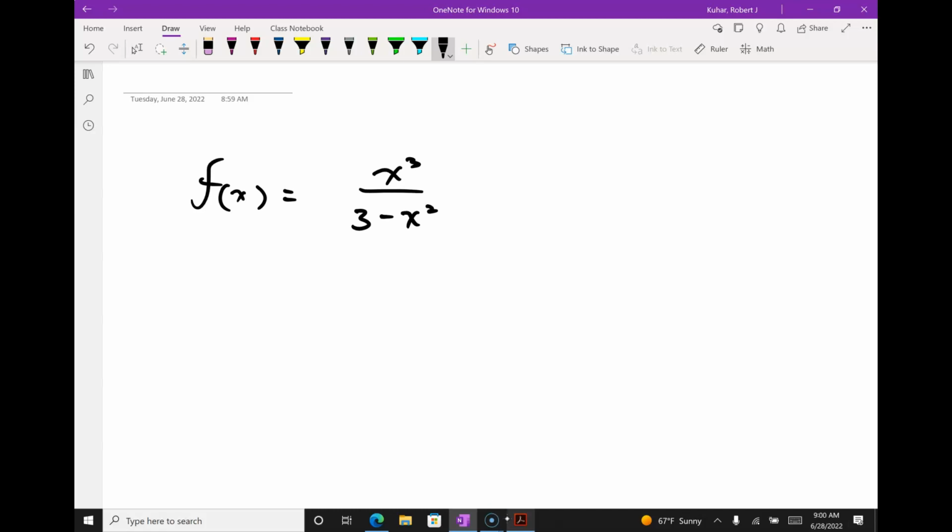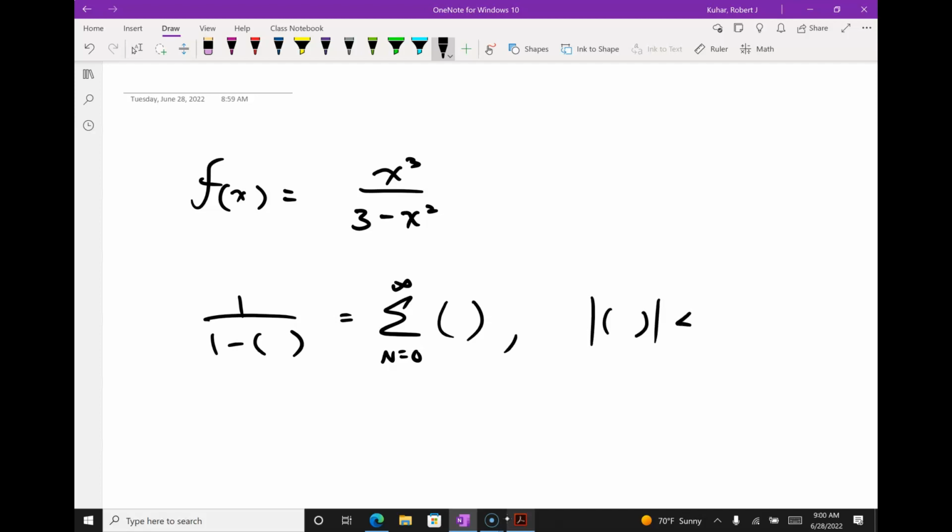Remember where I'm trying to plug in. I'm trying to plug into 1 over 1 minus that piece. I'm also trying to plug into the radius of convergence.